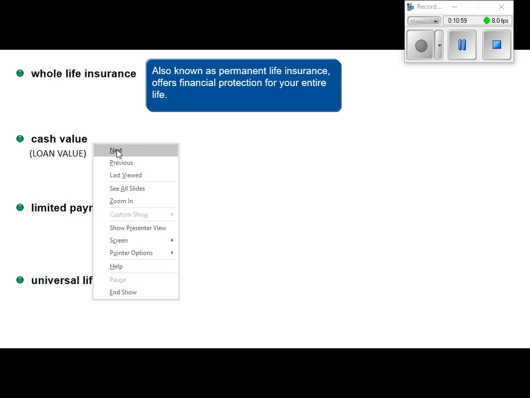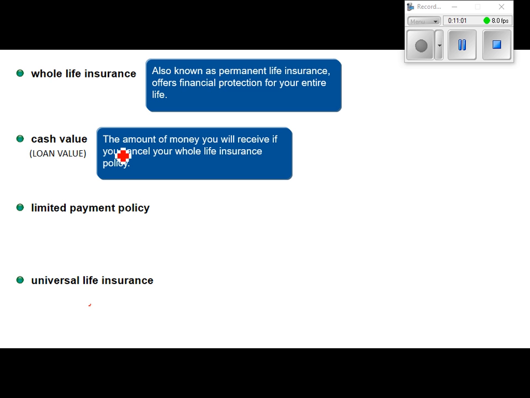You keep it for the entire time, as long as you're paying the premiums. When you have a whole life policy, it has a cash value, and that's the amount of money you will receive if you cancel the whole life insurance. It's not going to be everything that you paid to that company. It'll have some kind of cash value at that certain time if you cancel it out.